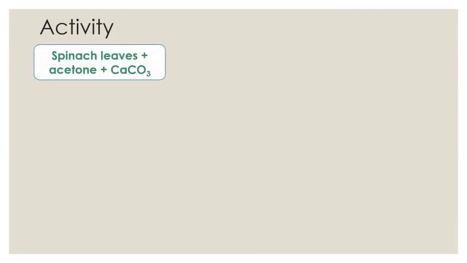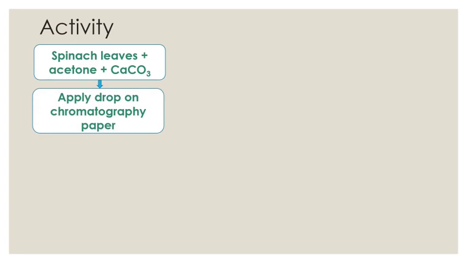Now let me discuss a very nice activity given in your book also. If you take spinach leaves and mix them with acetone and a little amount of chalk or calcium carbonate, you nicely grind it in a mortar and pestle, then you filter it through filter paper or a nice cotton cloth, and you get the decoction.